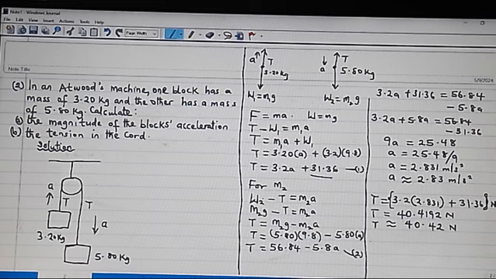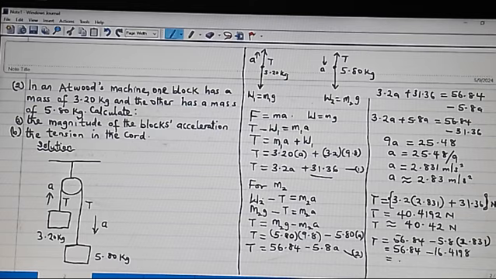Let's just try it. Using equation 2, we say T is equal to 56.84 minus 5.8 into 2.831. This gives us 56.84 minus 16.4198.